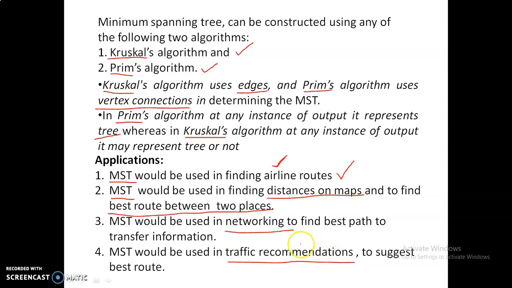Whenever you set Google recommendations and specify the source and destination, it suggests which route has more traffic and which route is preferable to reach your destination. It also suggests the best route based on the traffic, the distance and the time.